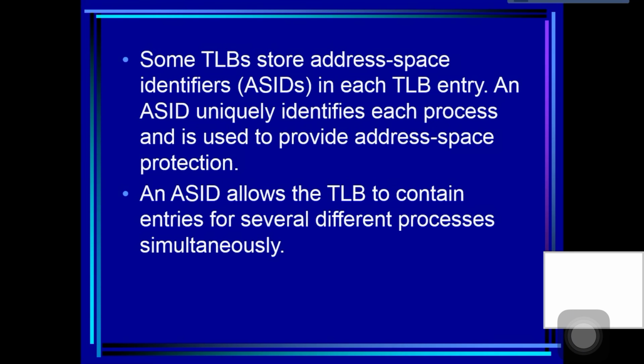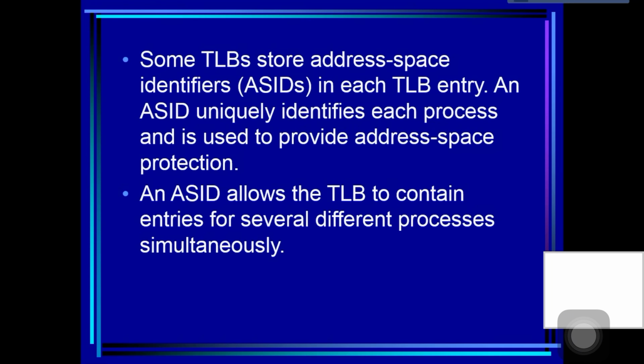If the ASIDs do not match, the attempt is treated as a TLB miss. In addition to providing address-space protection, an ASID allows the TLB to contain entries for several different processes simultaneously.